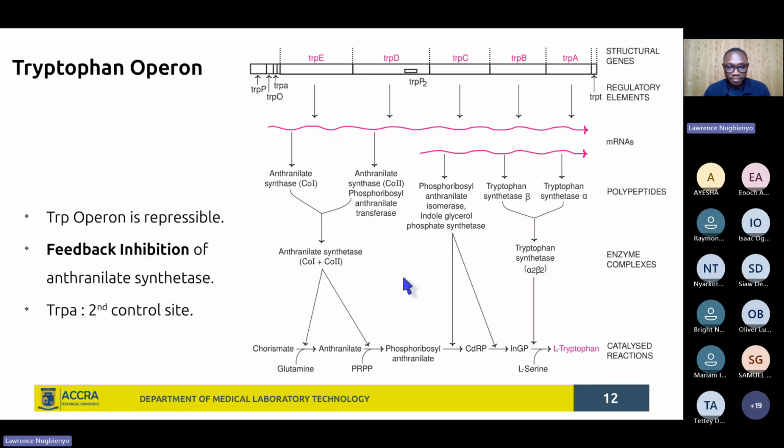Now we're taking an operon which is responsible for the synthesis of enzymes that are involved in the synthesis of tryptophan, an amino acid. It's an important amino acid.